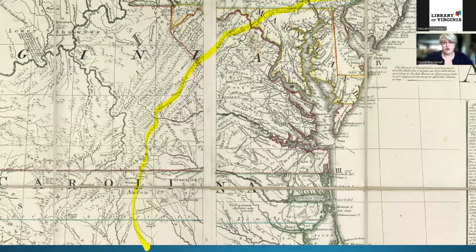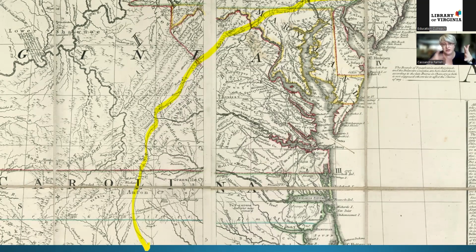Well, the Fall Line Road started in Fredericksburg, which if you look closely, you should be able to find. And it basically follows Route 1 today. And for a number of Quakers who quite frankly didn't like traveling on the Great Wagon Road for a couple of different reasons, they preferred to take the Fall Line Road instead, which led directly into North Carolina. And so for those of you who are wondering where the Fall Line Road was, it follows the Fall Line, Route 1, down into North Carolina.